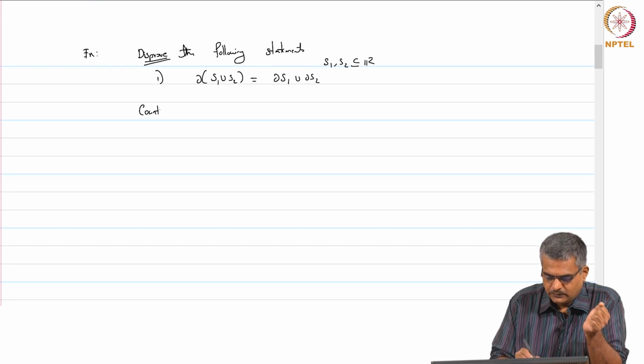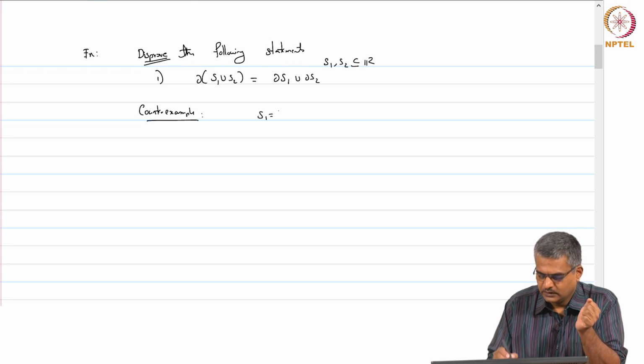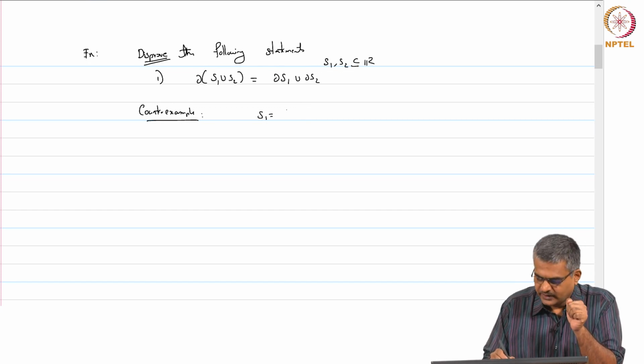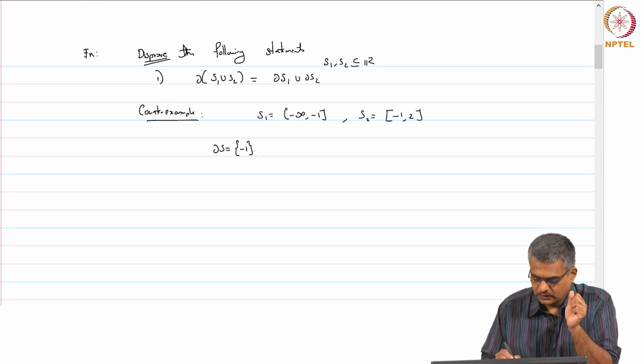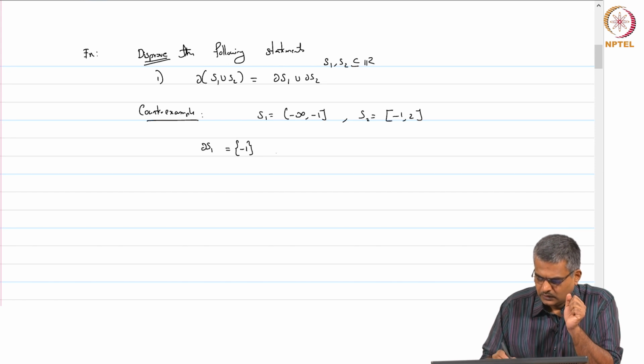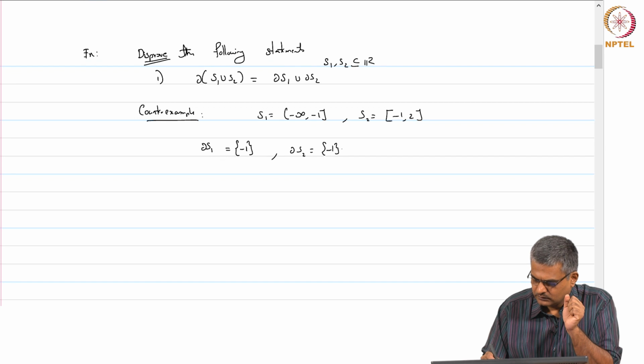A counter example is as follows. You can cook up the following example: take S1 as (minus infinity, minus 1) and S2 as (minus 1, 2]. The boundary of S1 will be just minus 1, because minus infinity does not belong to S1, whereas the boundary of S2 consists of both minus 1 and 2.